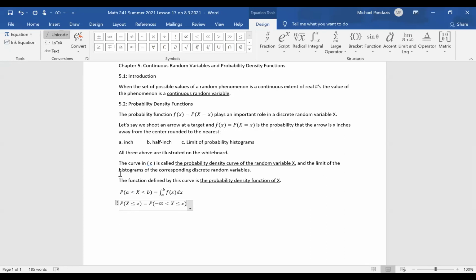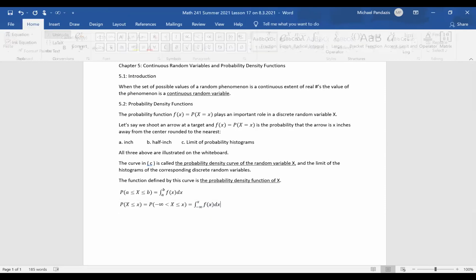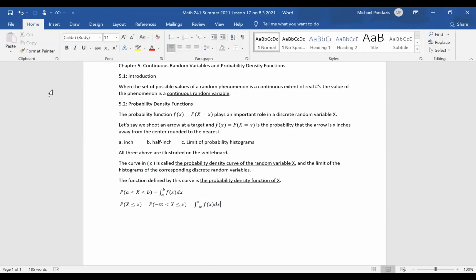And that's equal to the integral from negative infinity to little x of f of x dx. Okay, it's the area under the curve.